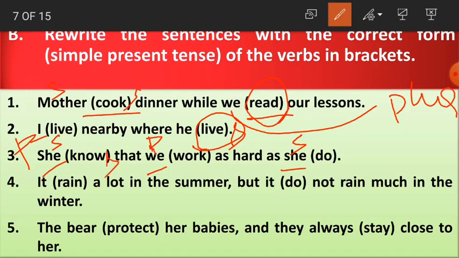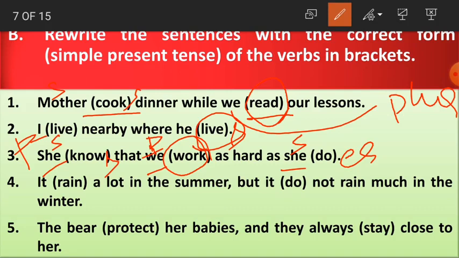She knows that we, no change, because the subject is plural. As hard as she, es, does. For do, the verb form changes by adding es. It becomes does. She knows that we work as hard as she does.